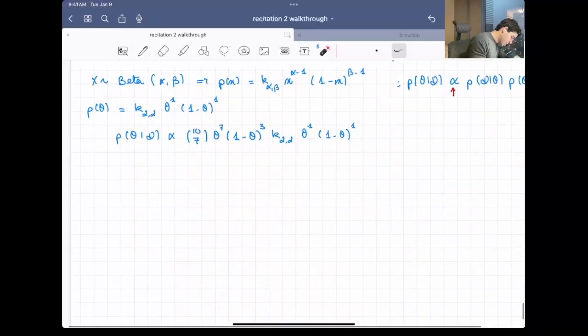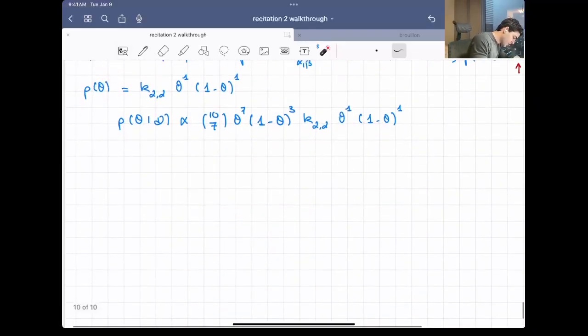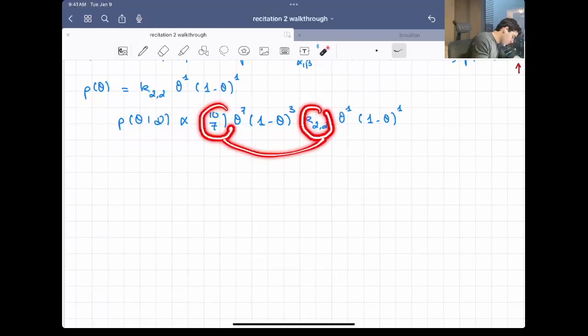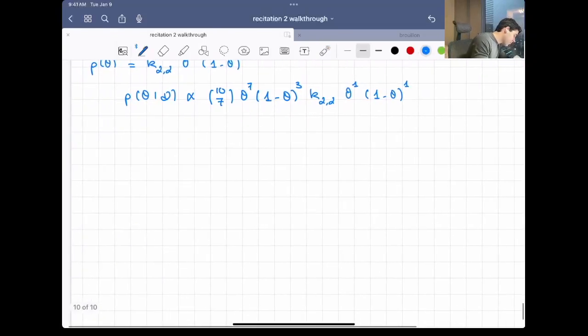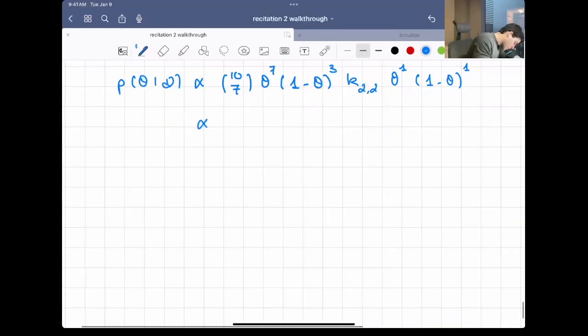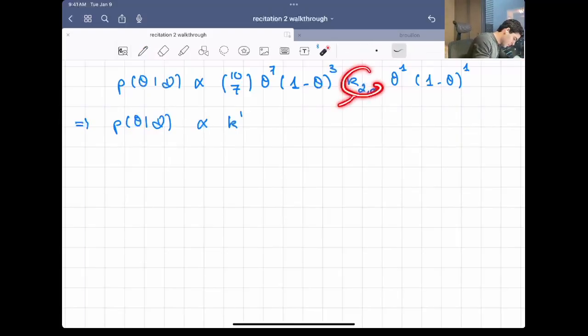There are a few terms we can simplify and group together into another constant that we will name K prime. So the posterior is proportional up to a constant K prime to this, and the rest becomes this.